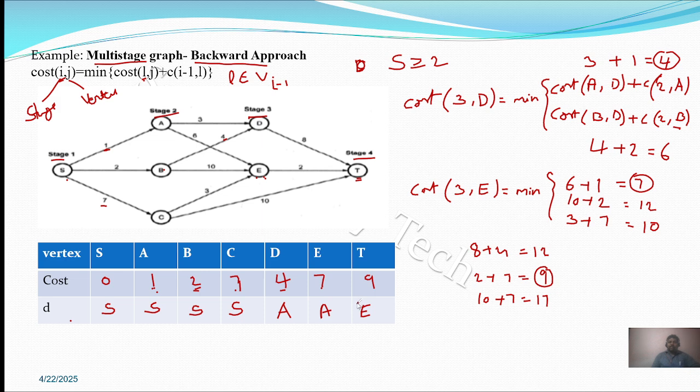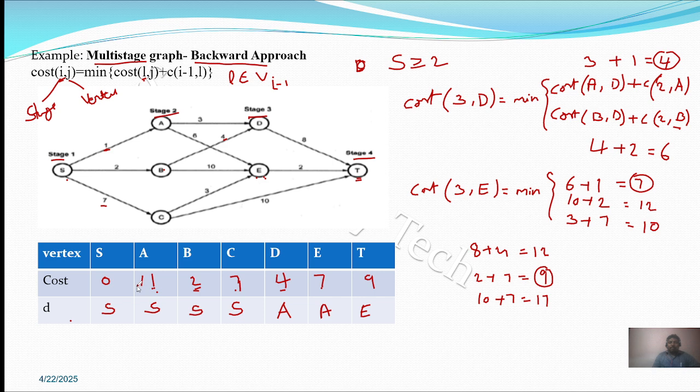So the table is filled in the forward direction from source to T, and we take the decision in the backward direction. That is the backward approach. You take the decision from sink to source.